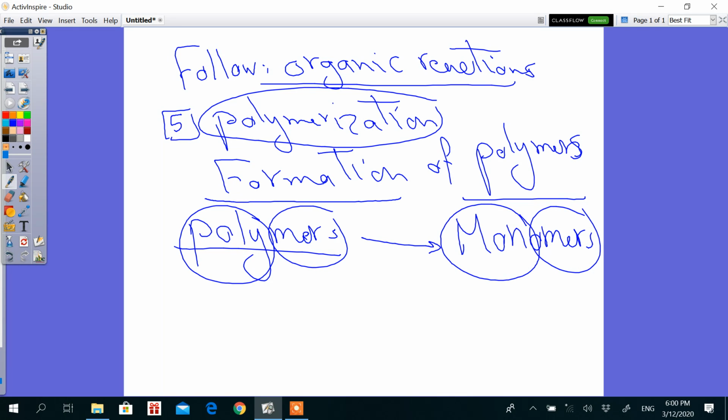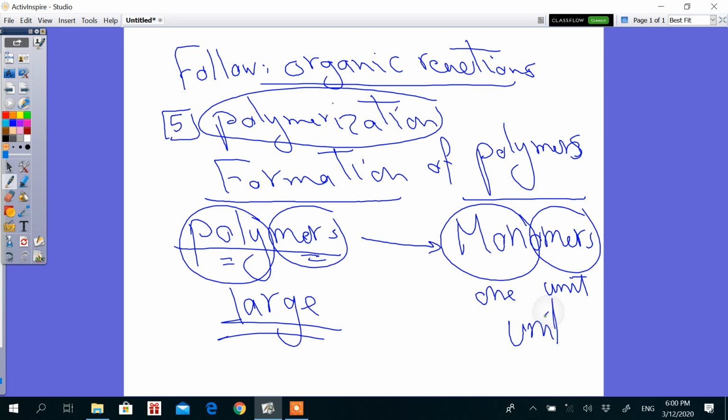The polymer is a large molecule which contains many units. So my unit is called monomer and the large molecule is called polymer. So polymers are large molecules made of many small molecules which are called monomers.